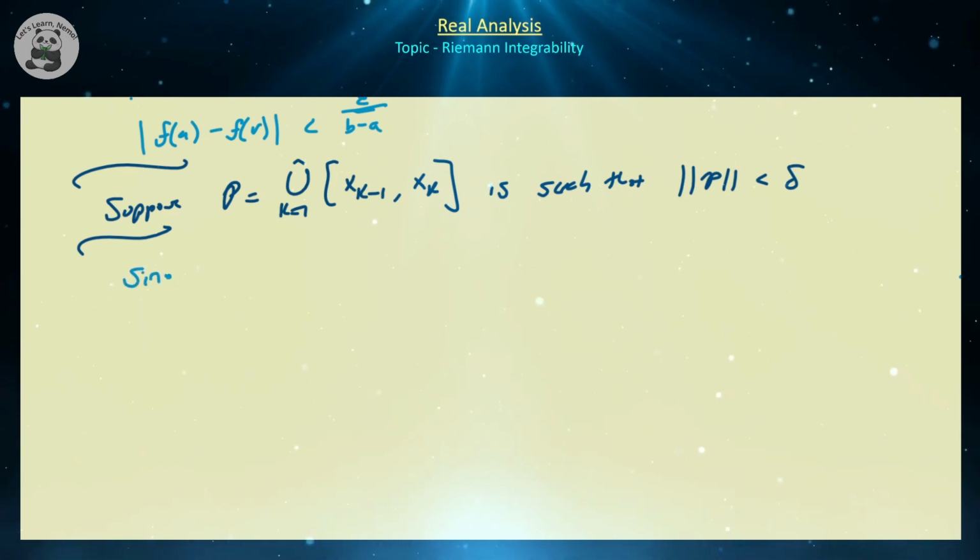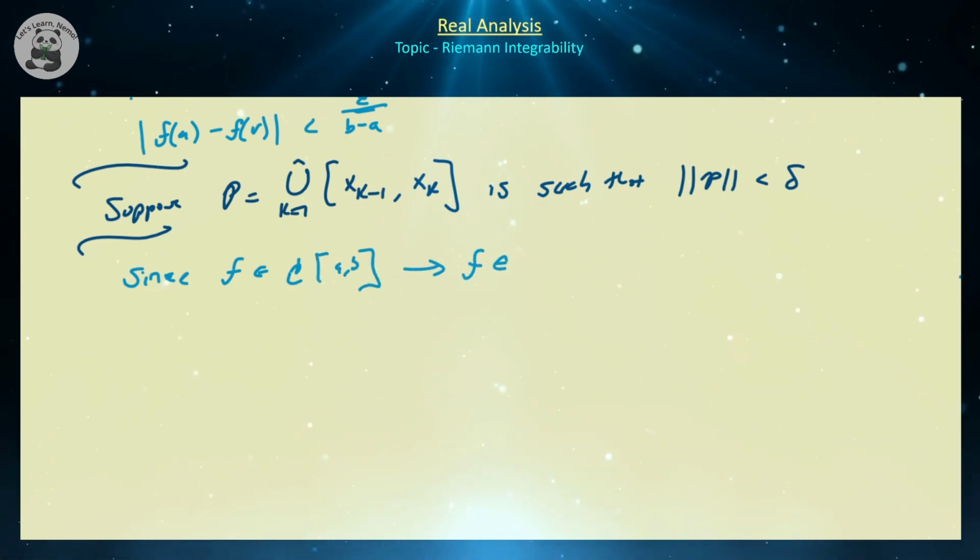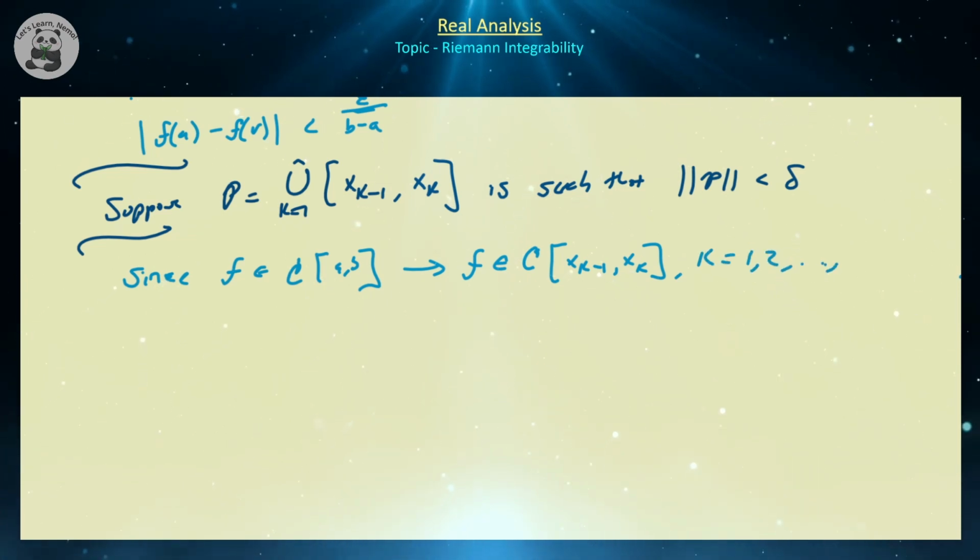So since f is continuous on [a, b], that means f is also continuous on every subinterval [x_{k-1}, x_k], where k is equal to 1, 2, down to n. So if it's continuous on a full interval, it's continuous on any subinterval of that bigger interval.